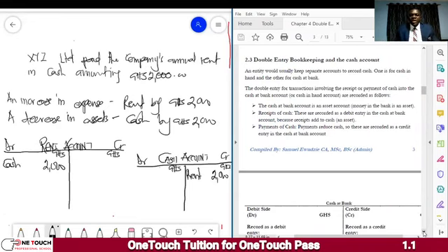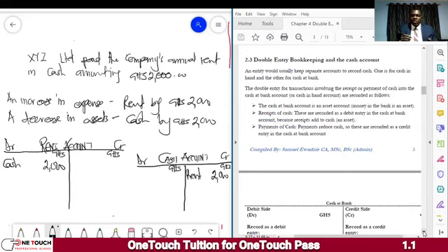Okay, good. Now we are saying that the cash at bank account is an asset account. That's money in the bank. It's an asset. Now, receipts of cash are recorded as a debit entry in the cash at bank account because receipts add to cash, meaning that when the business receives money, that amount received is recorded as a debit entry because it is causing an increase in an asset.